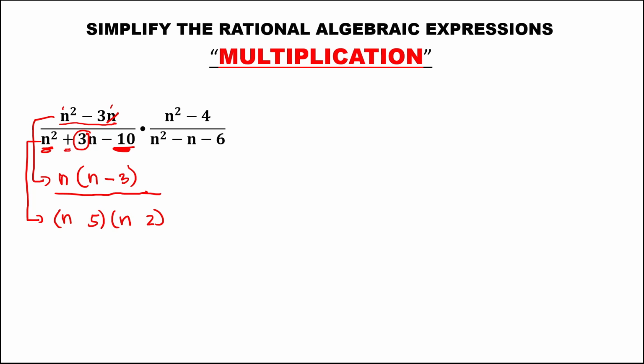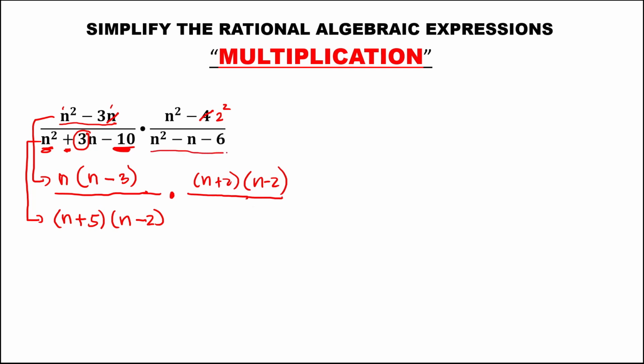But since this one is positive, the bigger number must be positive and this one negative, because positive 5 minus 2 is positive 3. Then times, this is the difference of two squares, because 4 is equal to 2 to the power 2. So we have now n plus 2 times n minus 2.